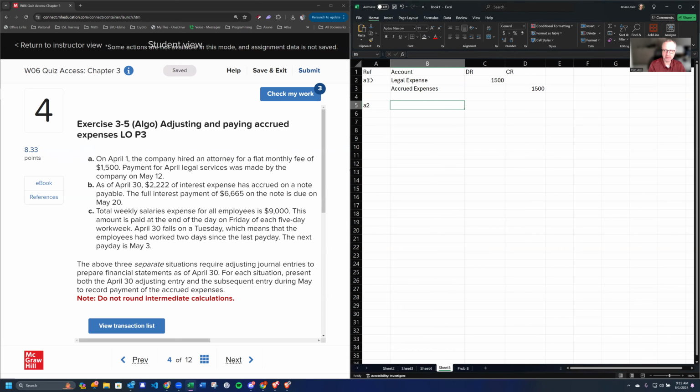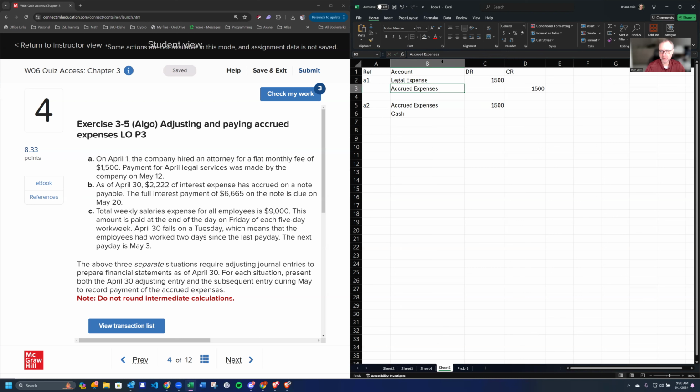Then when we go to pay it, we're going to debit accrued expenses, right? For the 1,500, and it's going to come out of cash, more than likely.